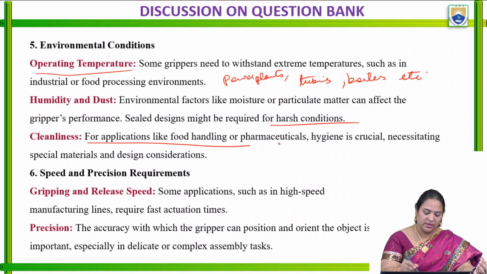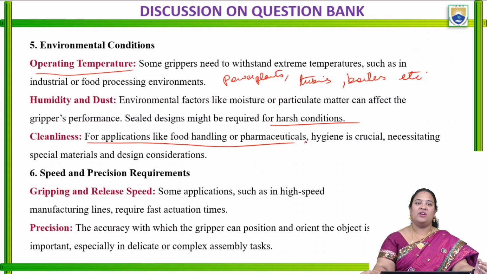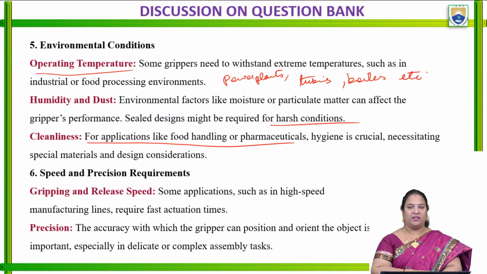When we are designing the robot's end effector, the end effector should be very clean such that it can handle the food in the food sector, it can be good at the pharmaceutical sector, or it can be good at the hygienic and crucial. So the cleanliness is also very important when we are selecting the material and designing of the robot end effector.